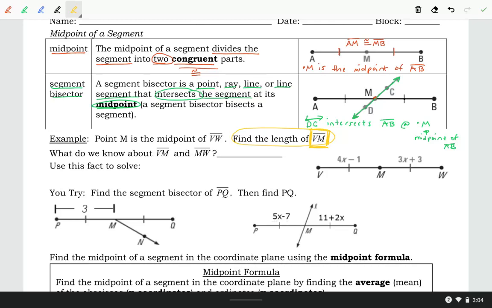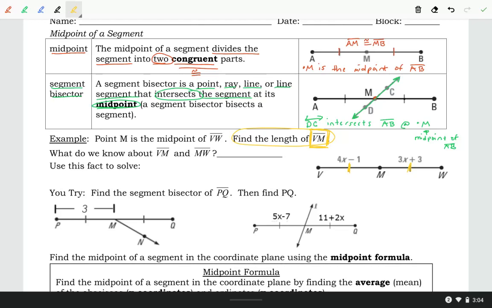So the first thing is, what do we know about VM and MW? Well, looking at our diagram, we know that VM is congruent to MW. We have tick marks that match. We also know, based on the definition of what a midpoint is, that it splits the full segment into two congruent parts.